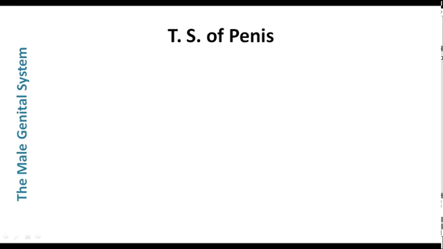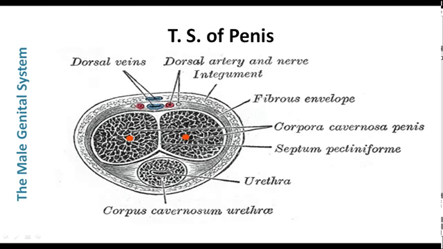In the transverse section of the penis you can see these two parts sidewise are the corpora cavernosa, and in the center there is a blood vessel. I have made it red in color. It is the urethra. Around the urethra also there is a spongy tissue, the corpus spongiosum.